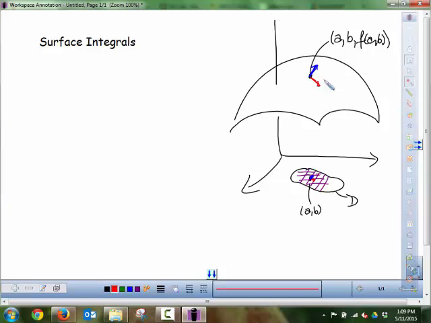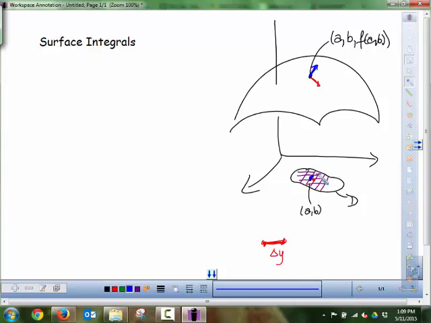Now, if we vaguely remember our information, I think we'll call the red vector going along the y-axis, so we'll call this one delta y.